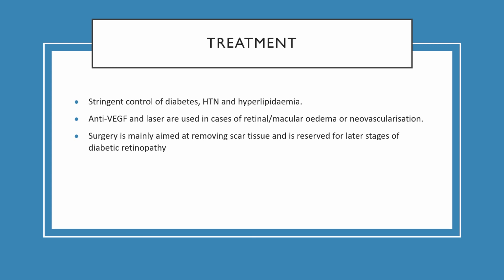Additional injections of anti-VEGF and pan-retinal photocoagulation with laser can be used to prevent further neovascularization in cases of retinal edema or neovascularization of the retina. Surgery is mainly aimed at removing that fibrosed scar tissue and also managing the retinal detachments of diabetic retinopathy.